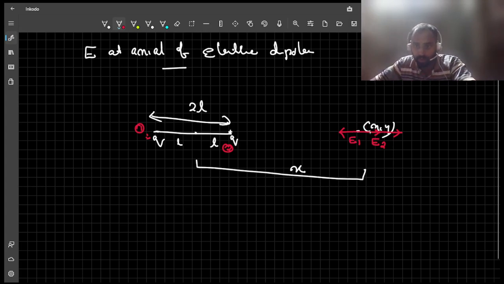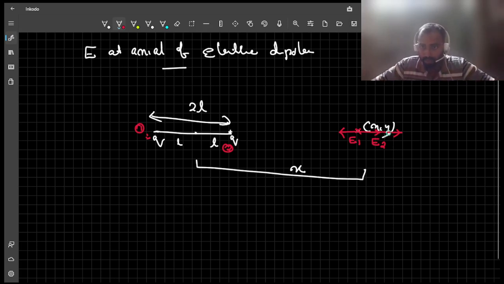Here at this point, I can define two electric fields: E2 due to the plus q charge and E1 due to the minus q charge. The electric field due to the plus q charge is acting away from the point, and E1 is acting towards the minus q charge.